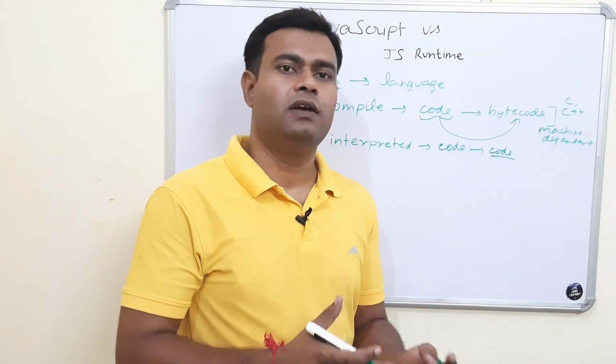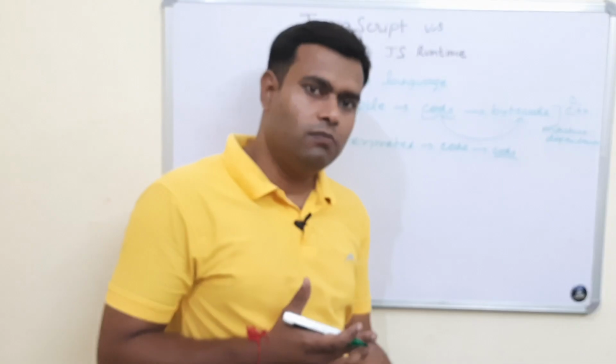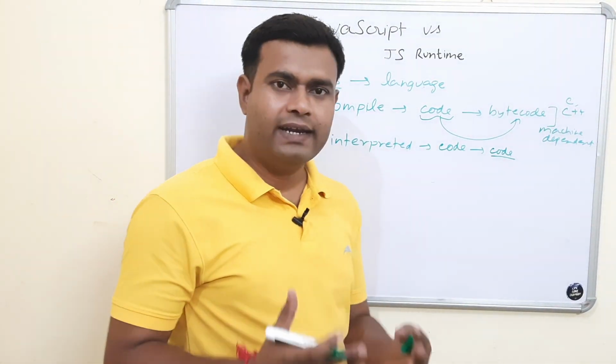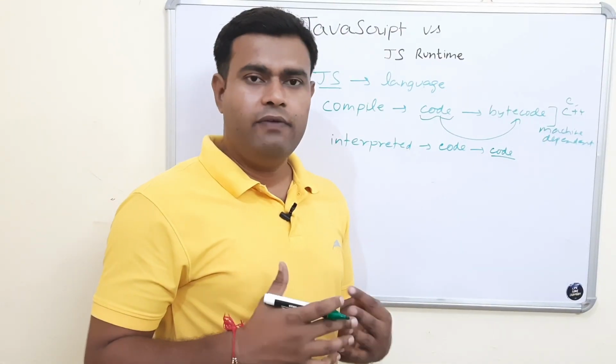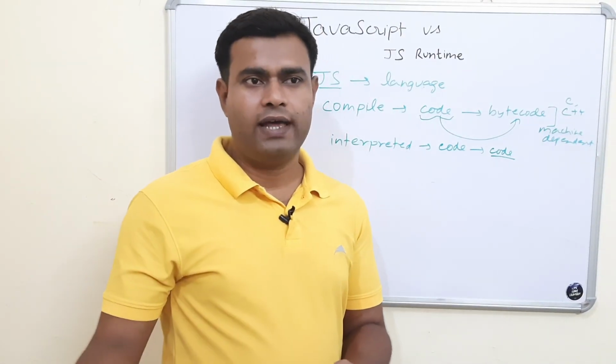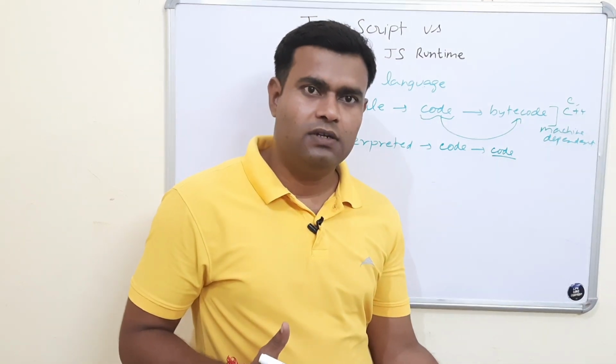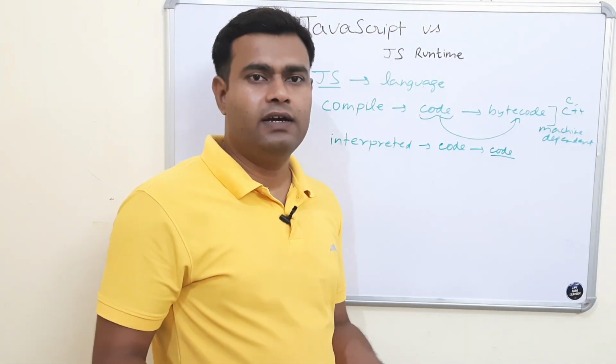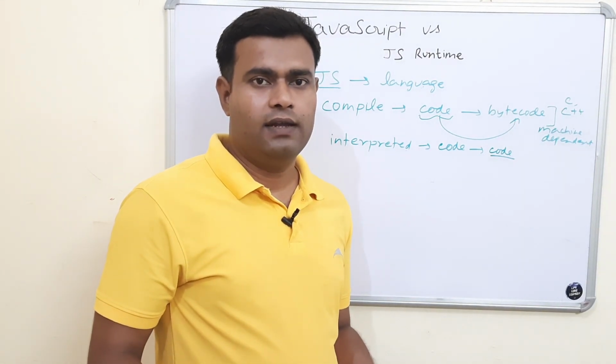Even if your machine is big endian or little endian, or the architecture is different, or even in Linux-based systems, whether it's Solaris or some other version, the code has to be compiled separately for each platform, right?